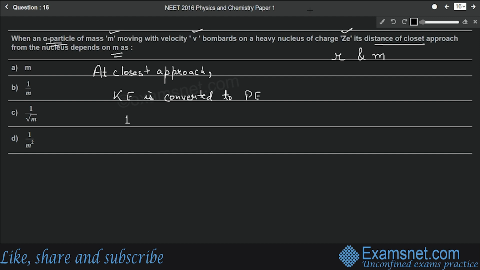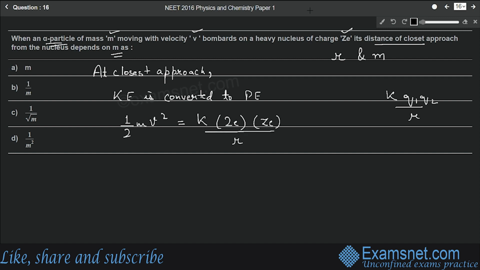Kinetic energy, that means half mv square, and that will be equal to the potential energy. That means, what is potential energy? K q1 q2 upon r. Okay, so here K is the constant, q1 is charge on alpha particle, that is equal to 2e, q2 is charge on the nucleus, that is given as Ze, and r is the distance of closest approach in this case.